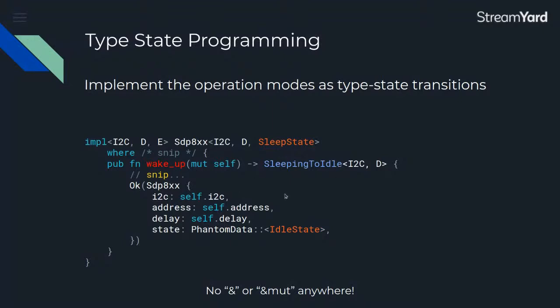And we can see from the return type that what we're returning is a struct with the phantom data set to idle state again. So this is how we get our struct back from sleeping state to idle state. And the yellow part, the commented out yellow part, is the actual implementation. It's too big for one slide, but not much bigger, just a few commands.